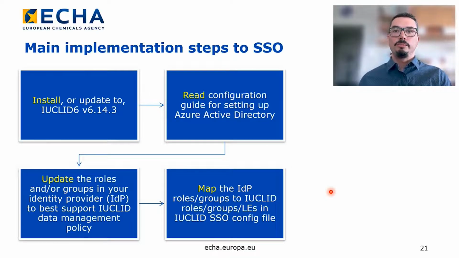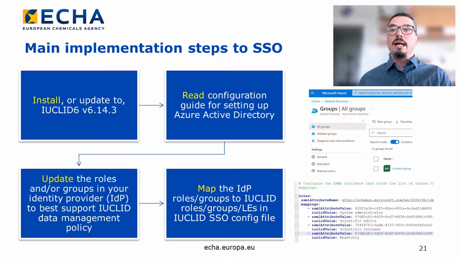So once IT has read the configuration guide and knows how to proceed, it's time to update the roles or groups or whatever your identity provider supports. And these groups that your identity provider supports should reflect what was designed in the previous design step.